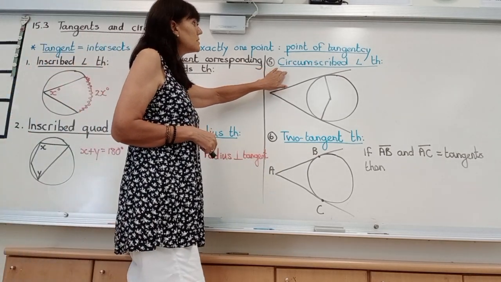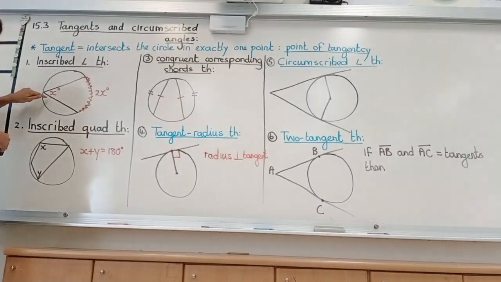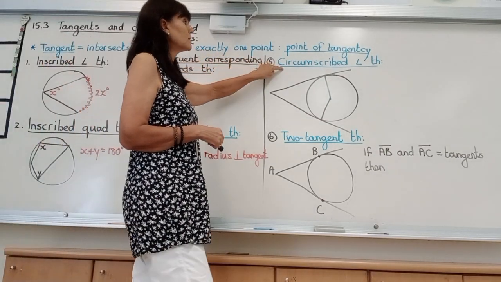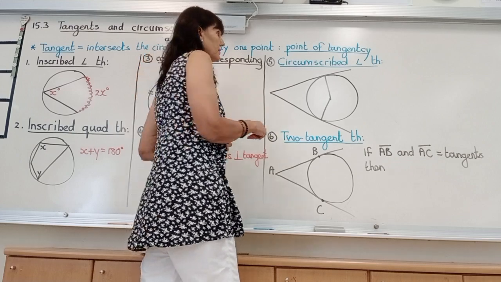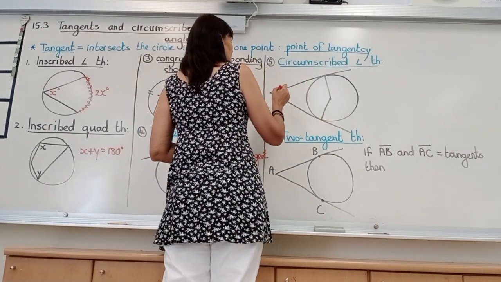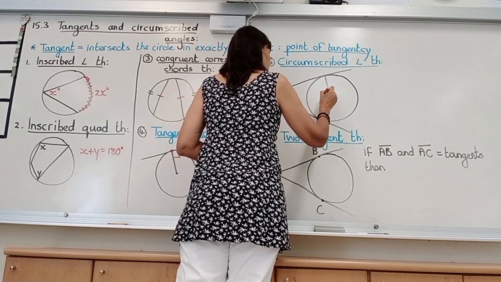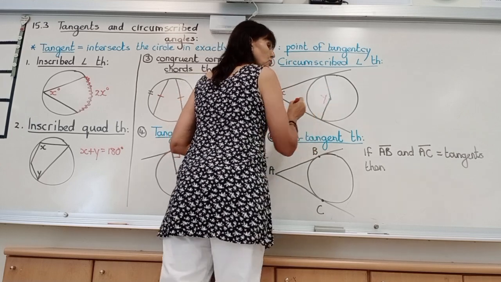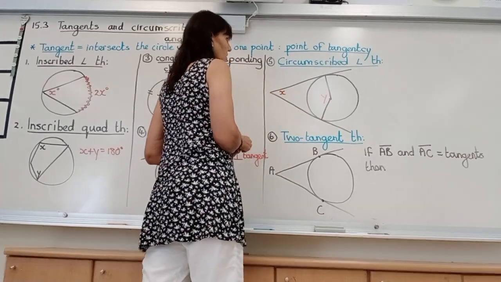Next one, the circumscribed angle theorem. In the beginning we had an inscribed angle theorem. In this one, circumscribed, my angle is on the outside of the circle. So this angle, if I make this one x, I want to know what is the relationship with these two angles. Well, not corresponding, they're opposite each other.